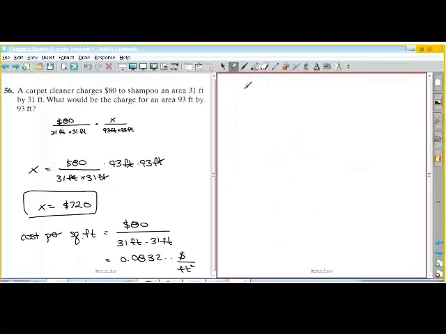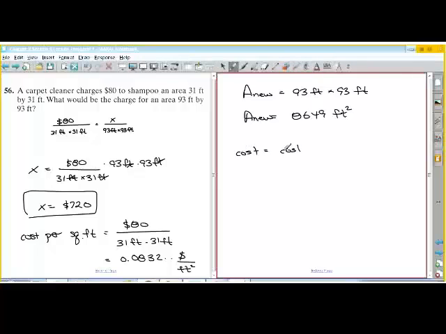Then to calculate the higher area, my new area is 93 feet times 93 feet. It's a square, so I just multiply those two together, and I get that my new area is 8,649 square feet.